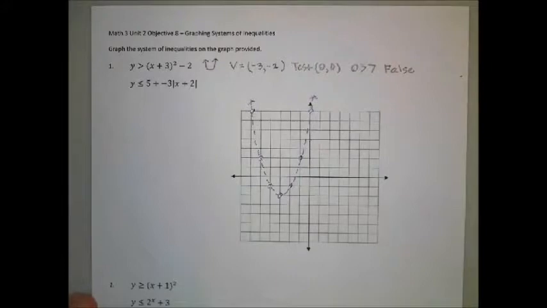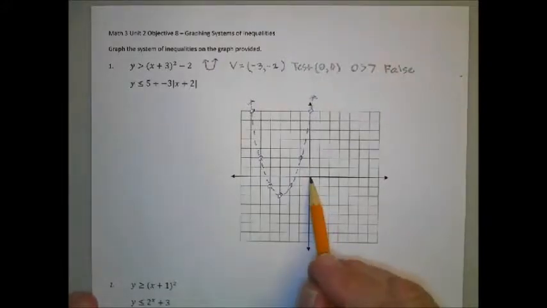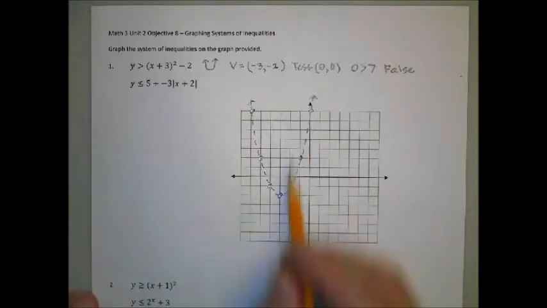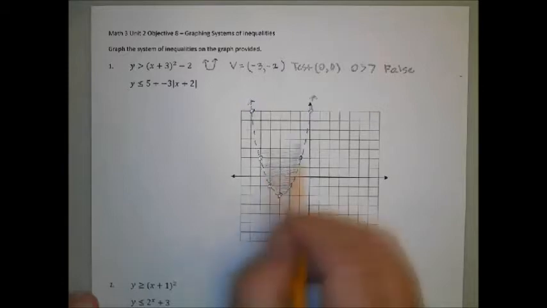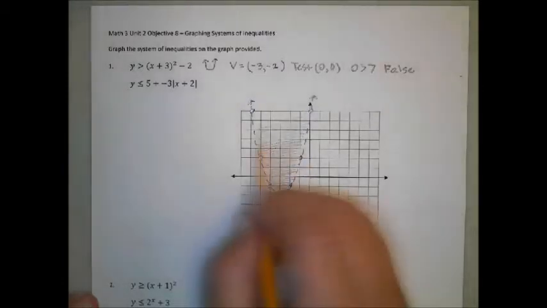So when your test point proves out to be false, you shade the area that does not include the test point. And so in this case, it would be inside the parabola. Now I'm just going to do it really lightly because I've got another function that I've got to put on this graph.